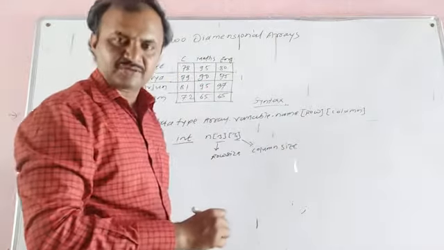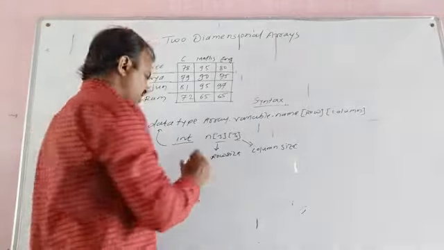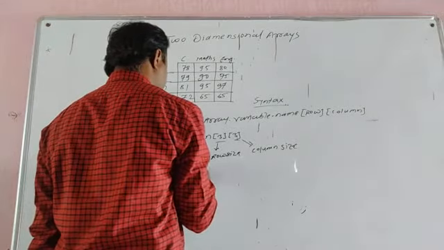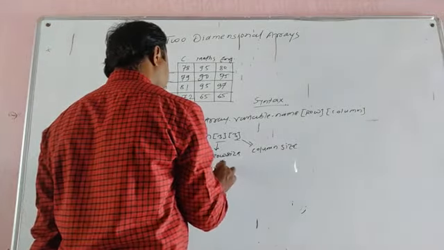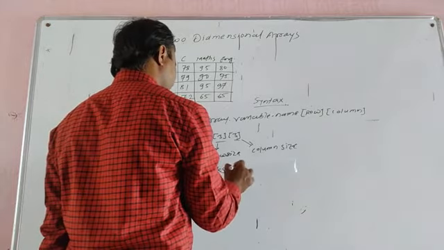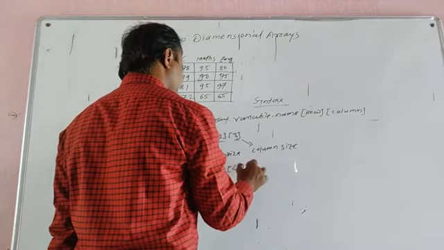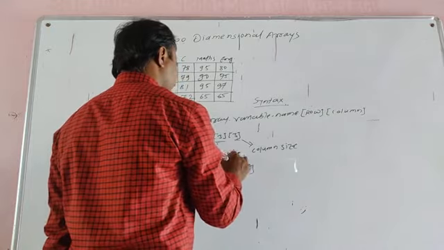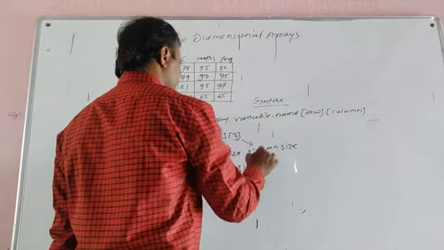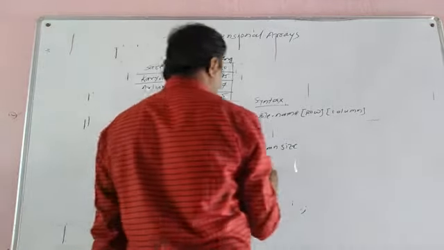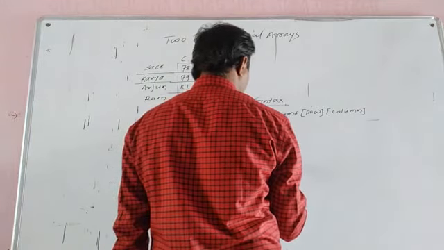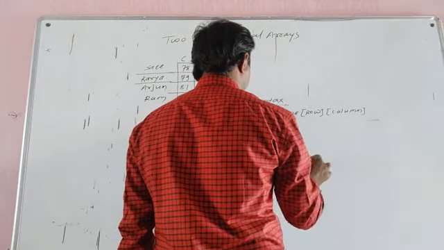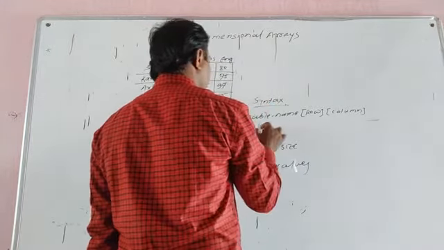And another example is there, integer marks. In these marks, there are 4 rows and there are 3 columns. That means this is the rows and this is the columns. This variable can hold 12 values, and the other can hold 9 values.